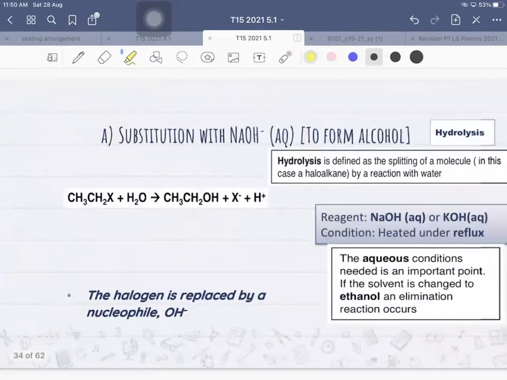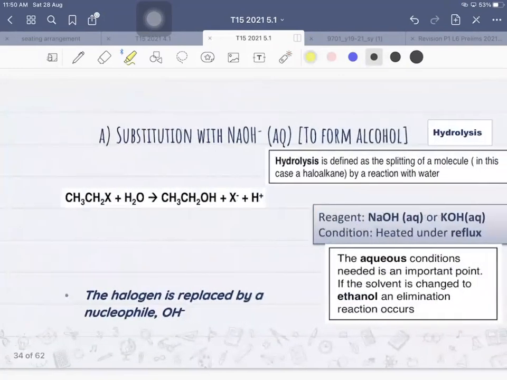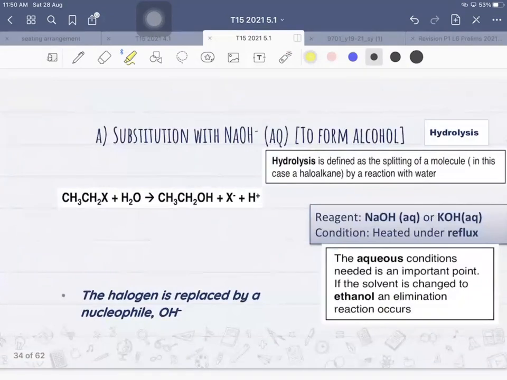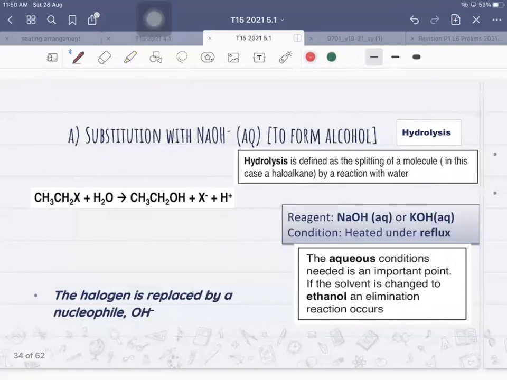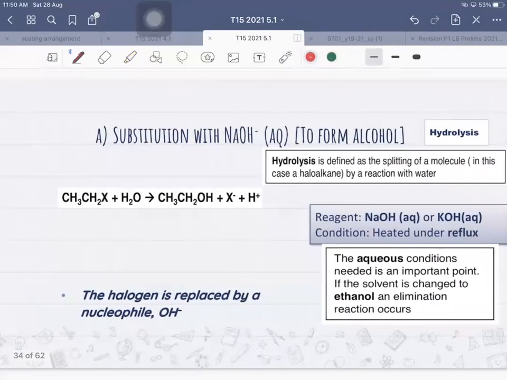Now this next one, substitution with aqueous sodium hydroxide, is actually the same as the mechanism that I've drawn for you on page 4 and 5. So I will not go through that again, but there are a few things that I want to point out on this page. This process or this reaction is not called hydrolysis.